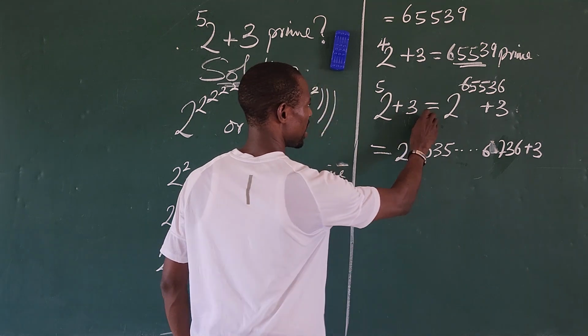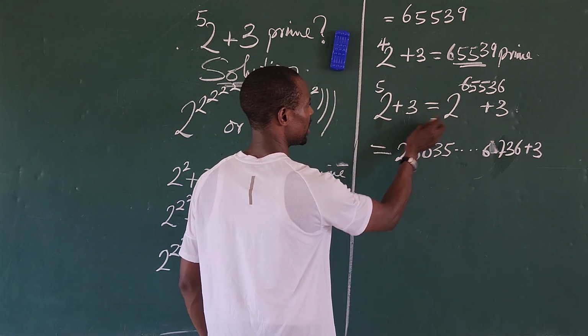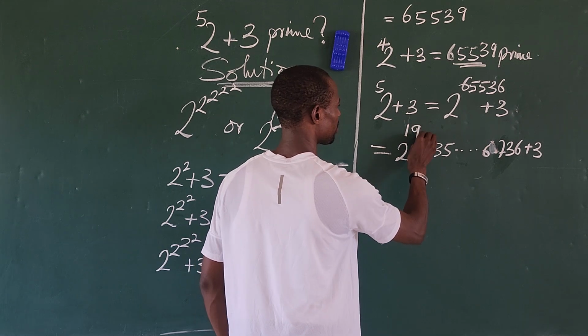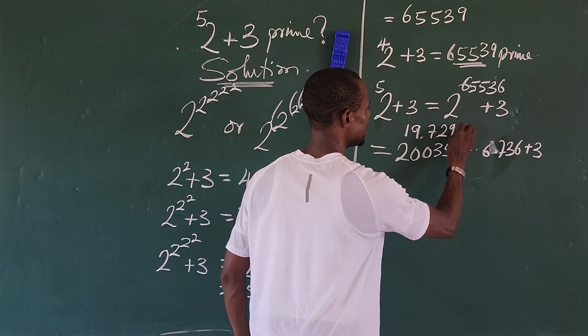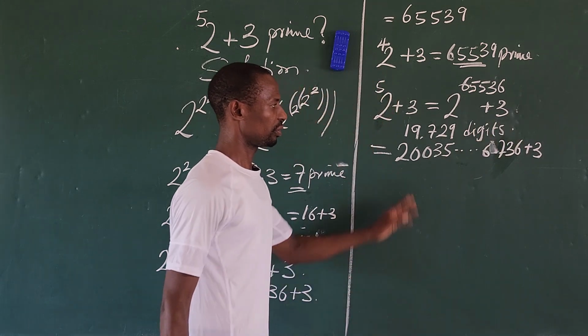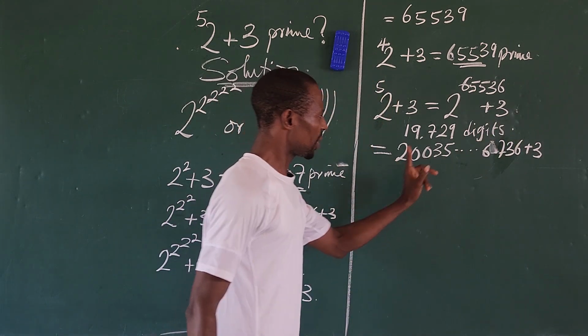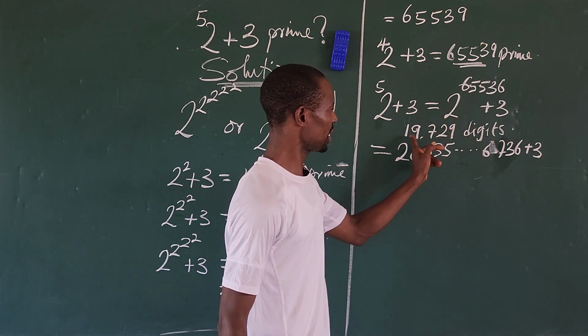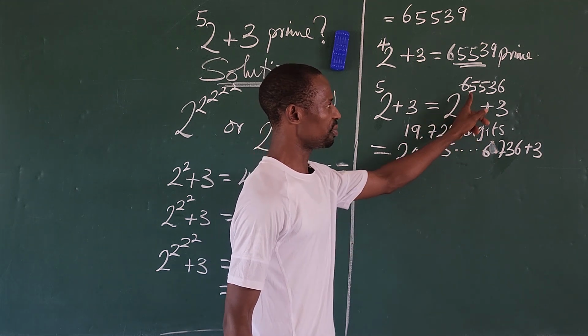Okay, so from here, let's just quickly put it down. Yeah, this very guy here gives 19,729 digits. Okay, but these are the last 4 digits of this figure, this 19,000-digit number, when we raise this to this.